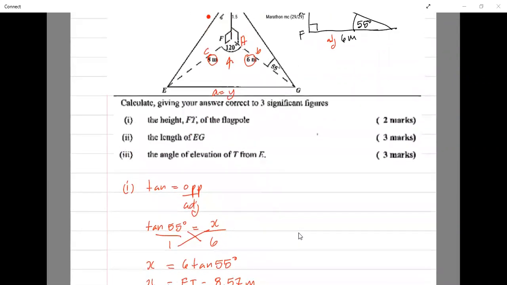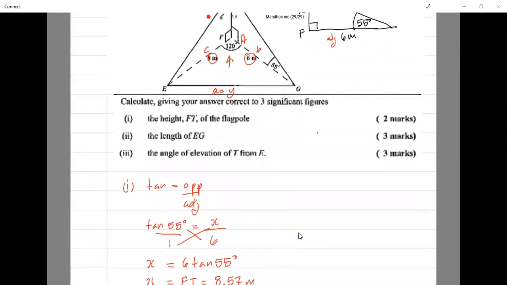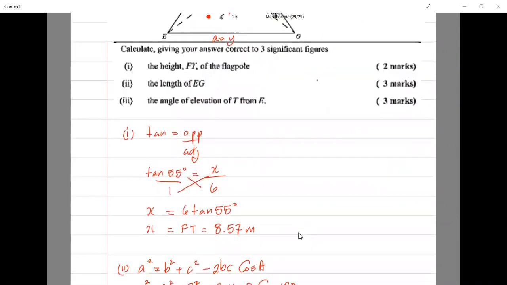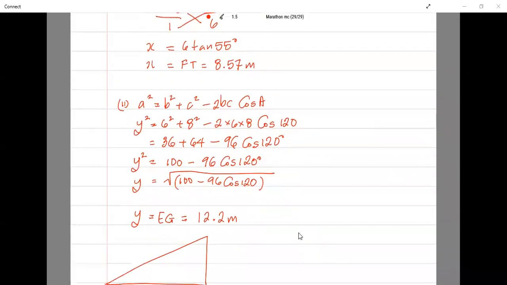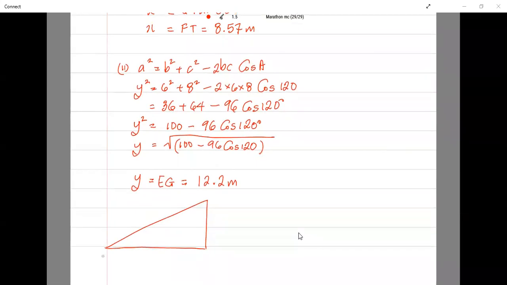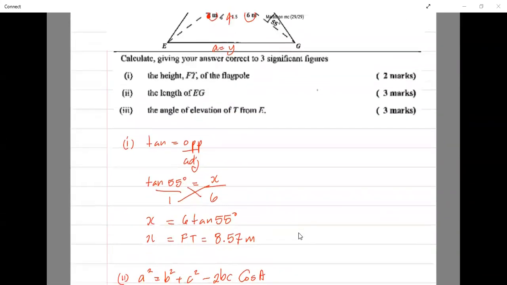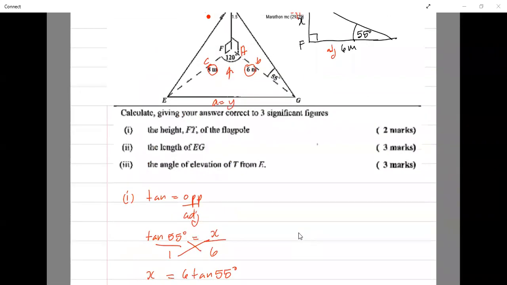We have EFT. TF we calculated to be 8.57, 90 degrees, and I think down here was 8 meters. All right, let me just double check. Yes, EF is 8 meters.